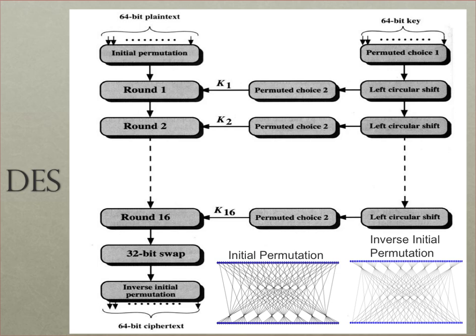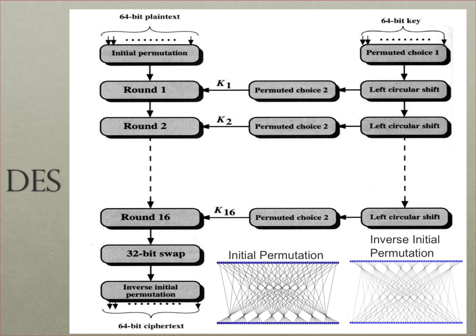It can be done, but it's very slow. That's one of the main reasons that all these bit-oriented algorithms fell short compared to AES afterwards, because AES uses non-bit-oriented manipulation, as we will see.